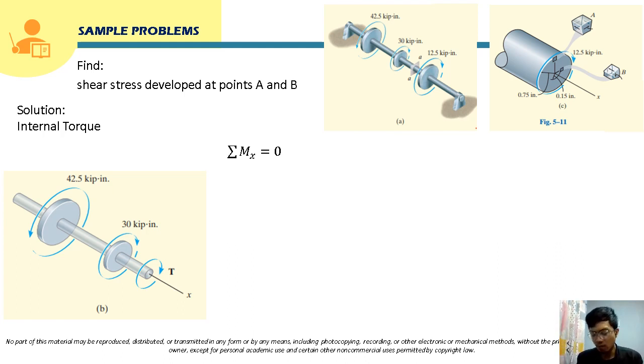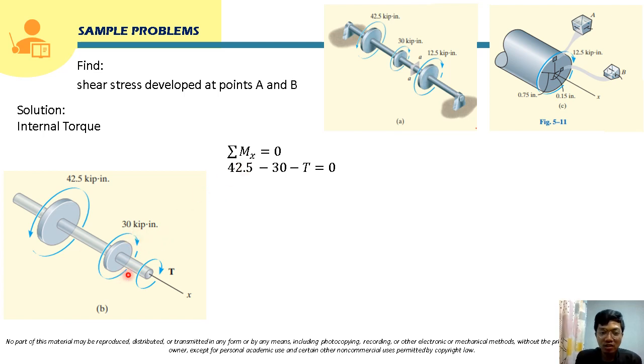Again, our sign convention here: counterclockwise torques are positive, but clockwise torques are negative. So summing up torques about the x-axis equals 0. This 42.5 kips inch torque is counterclockwise, so this will be positive.